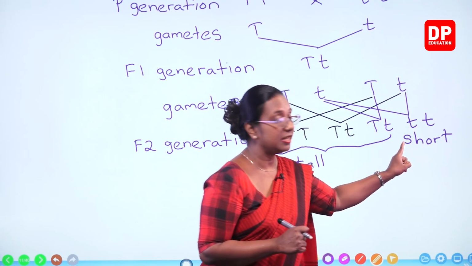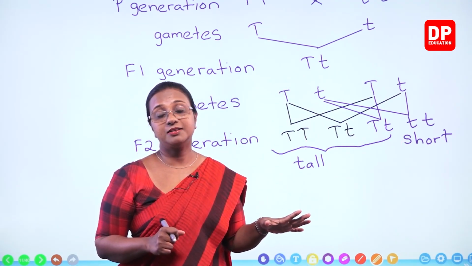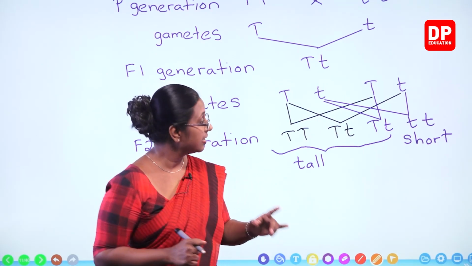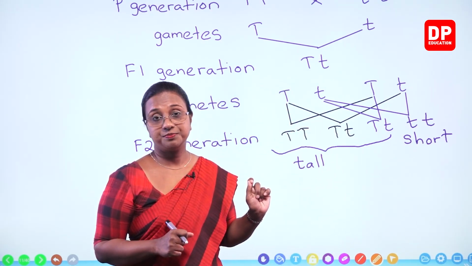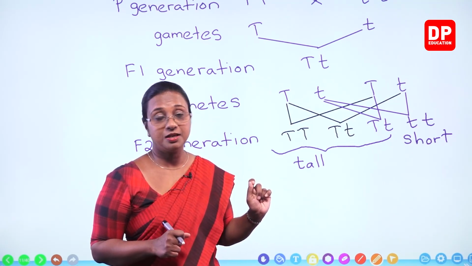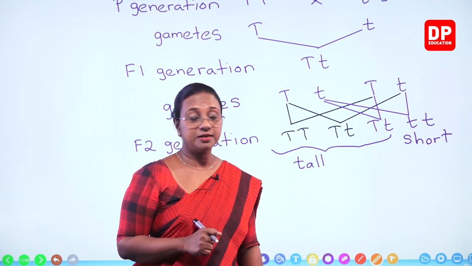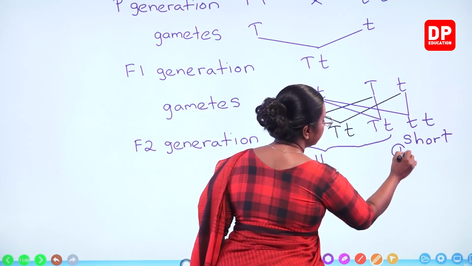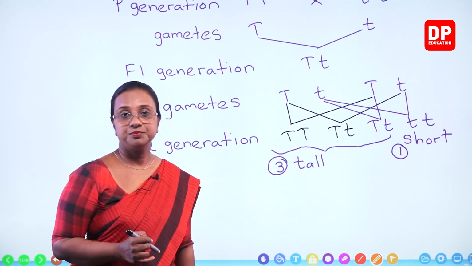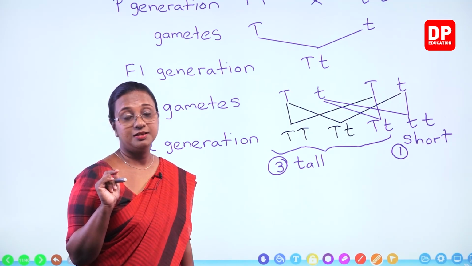Only one combination, the homozygous recessive factors, give rise to the recessive feature. That is the short plant. So can you see the ratio? 3:1. 3 tall plants, only 1 short plant. So that is the ratio observed by Mendel.